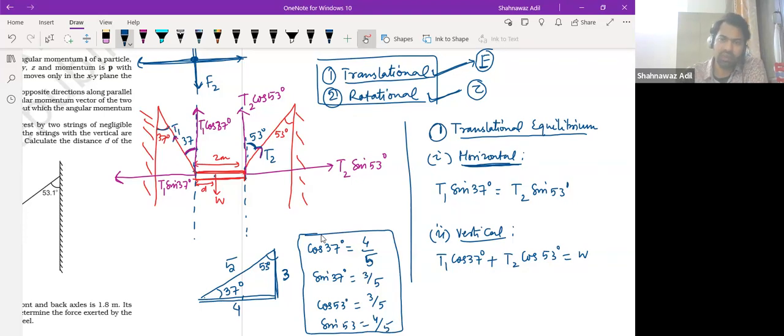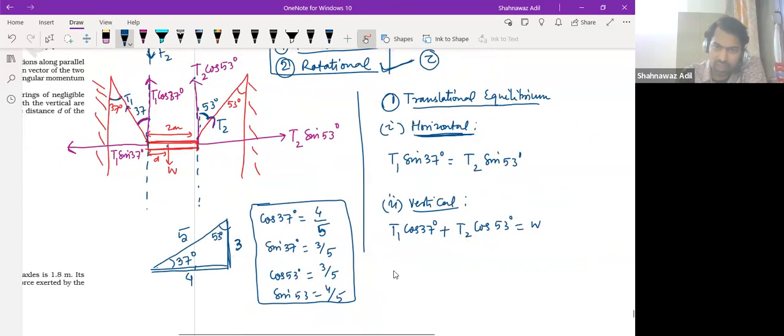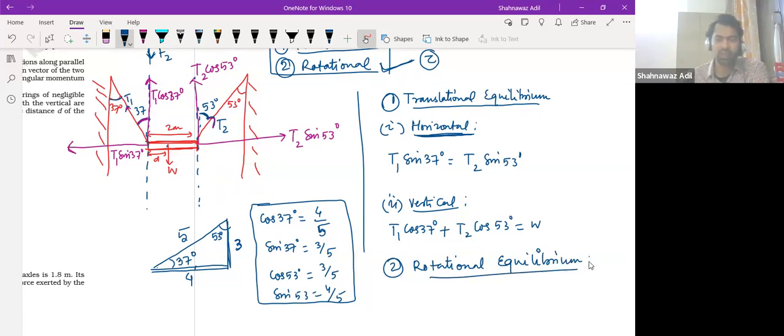Now let us get back to the rotational equilibrium. For rotation, we require an axis of rotation, right, guys? So where should we choose the axis of rotation so that the calculation is simplified?